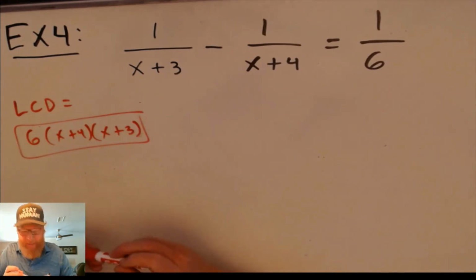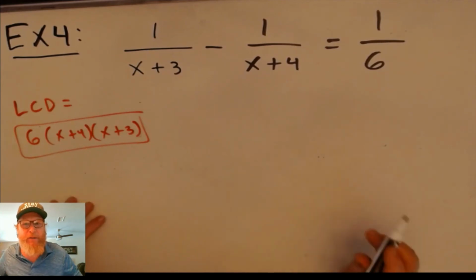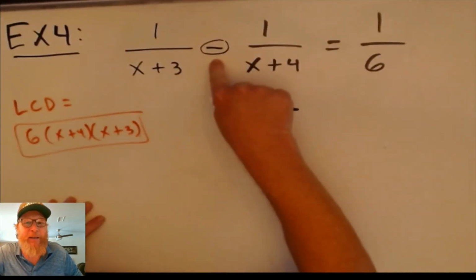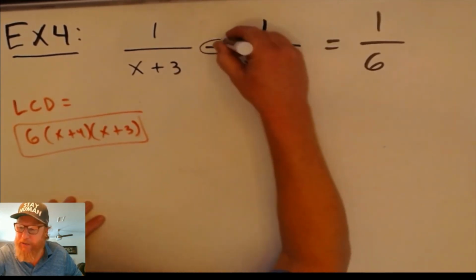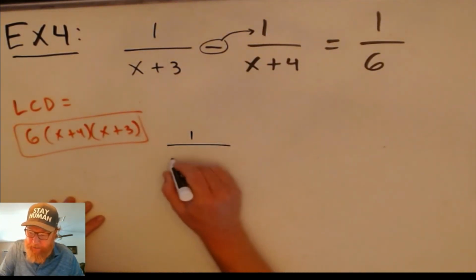All right. And then another comment that I want to make when this type of thing happens, I might have mentioned this in a previous example, is this negative sign here. That can be a little bit dangerous. So what I'm going to do is I'm going to rewrite it with the negative sign in the numerator.